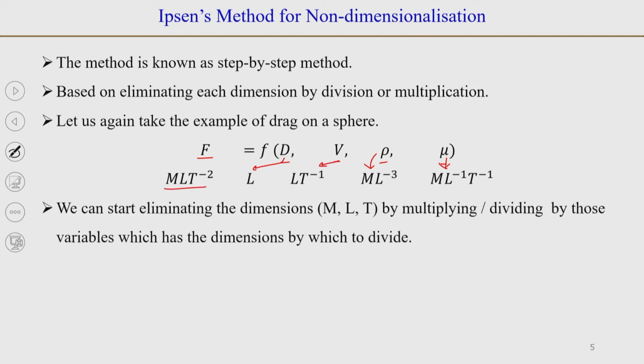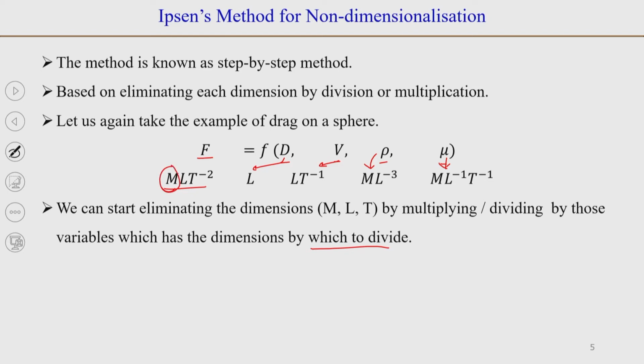Now, what we need to do is start eliminating the dimensions. So, we can start eliminating m, L and T one by one, by multiplying or dividing, as the case may be, by those variables which have the dimensions by which to divide. So, for example, let us say we want to eliminate m.